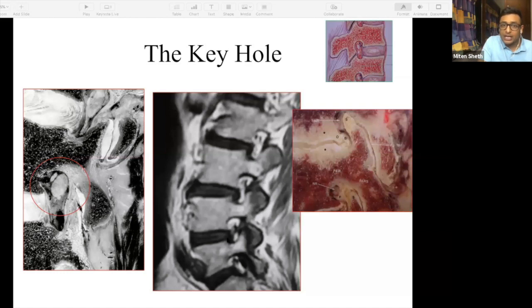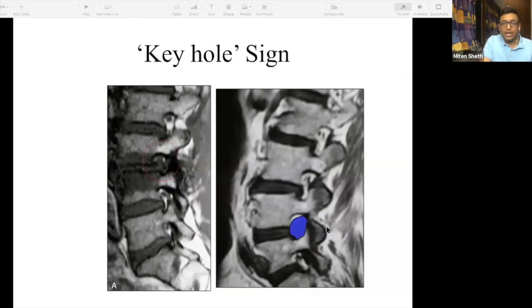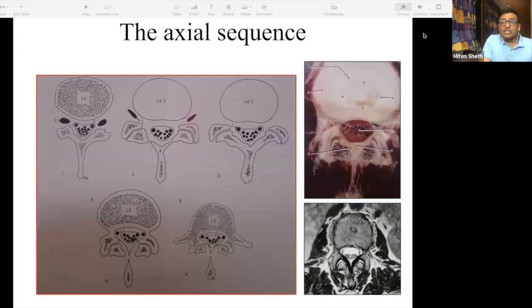Here you can see something that is irritating the nerve root. That's basically what you're supposed to see in a keyhole. Wherever you have a disc prolapse and some nerve compression, you will see that the keyhole is obliterated.